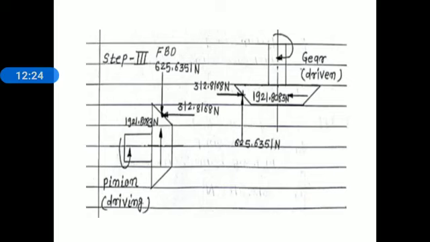Now remember that axial component of the pinion is equal in magnitude but opposite in direction of radial component of the gear. That's why here we show that axial component act on a pinion equal in magnitude but opposite in direction of radial component of a gear.